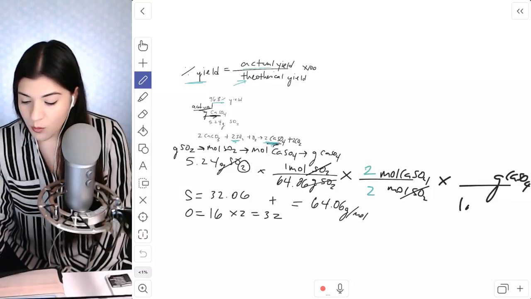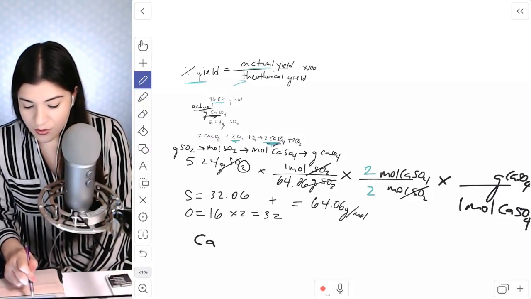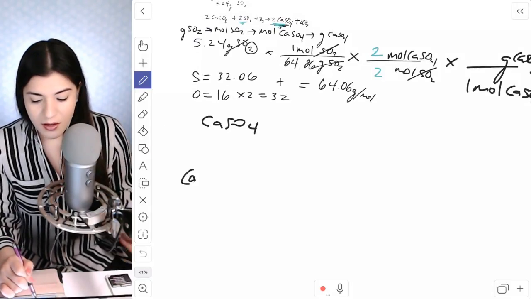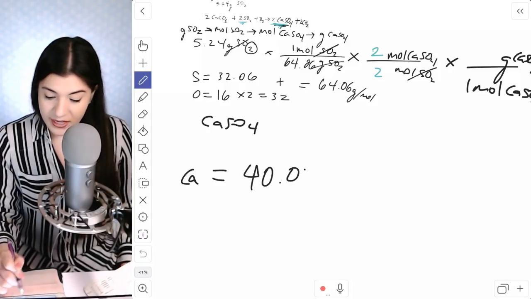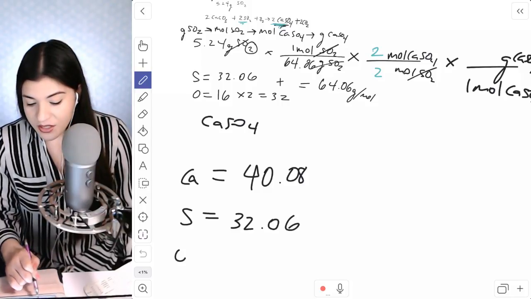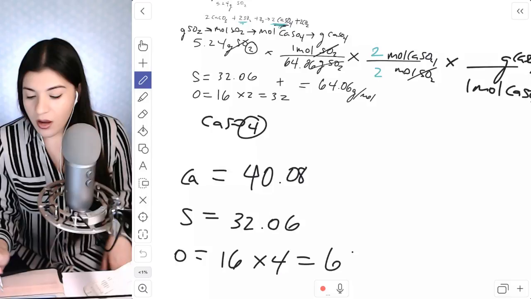Separately, we need to figure out what that molar mass would be. So for calcium sulfate, let's figure out what that molar mass would look like. Calcium is roughly 40.08. Sulfur, we said, was 32.06. Oxygen was 16 times that 4 subscript, giving us 64.